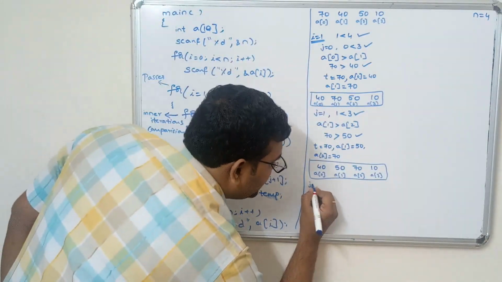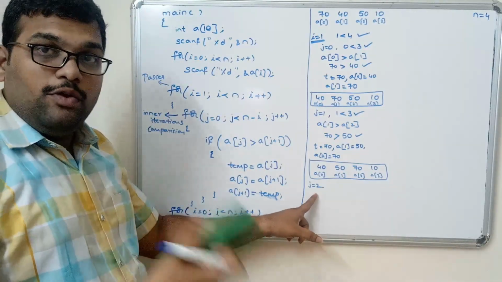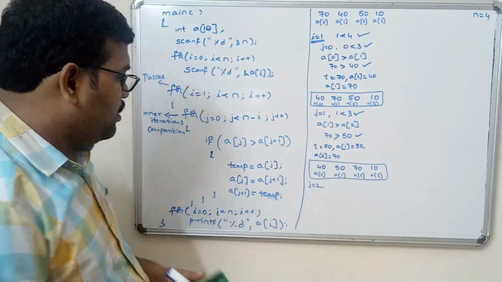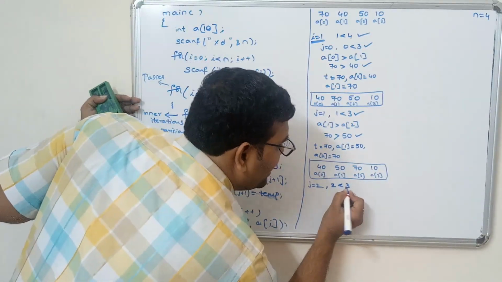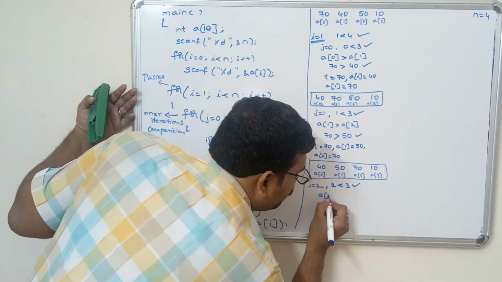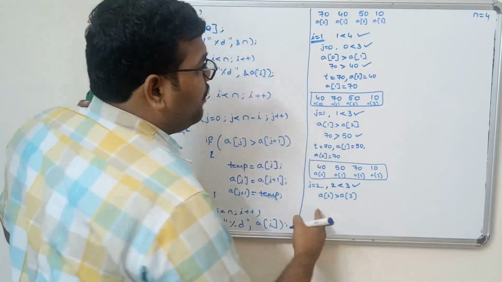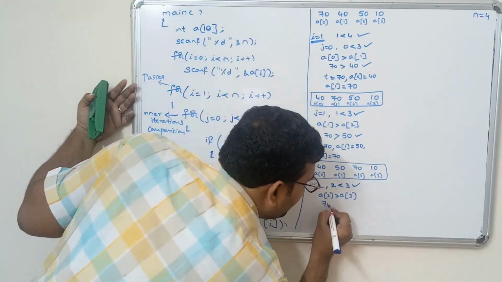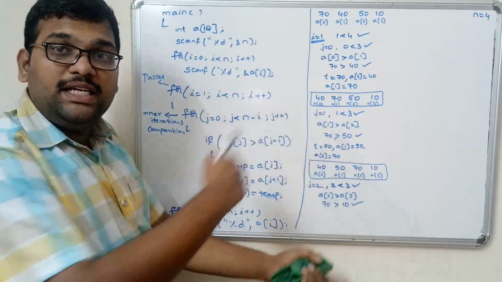Now j will be incremented, j is equal to 2. So here j is equal to 2, 2 less than 3. Again the condition is true. So a of 2 greater than a of 3. A of 2 here is 70, greater than 10. Again the condition is true, so there will be swapping.